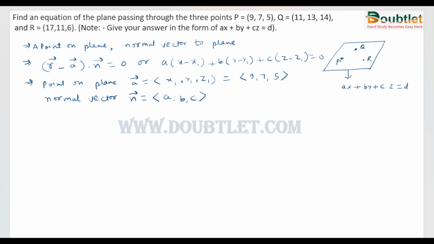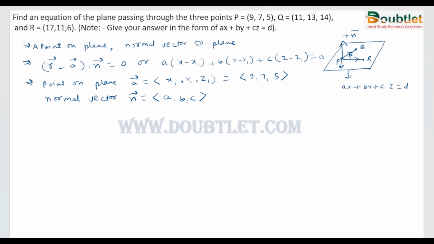Now to find the normal vector, let's suppose P and R are connected, and P and Q are also connected through a vector, because if 2 points are joined by a line, then that can represent a vector. If we find the cross product PQ cross PR or PR cross PQ, the normal vector can be in the upward direction or in the downward direction of the plane.